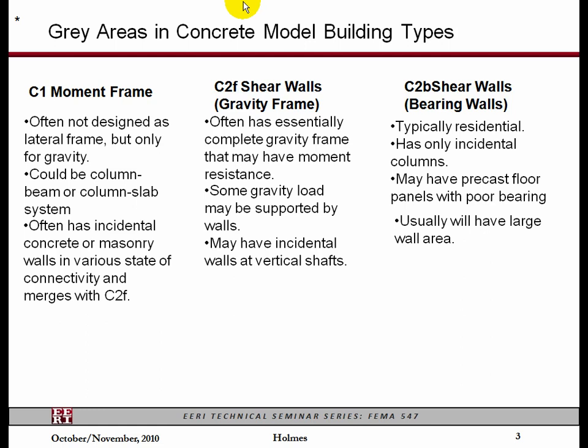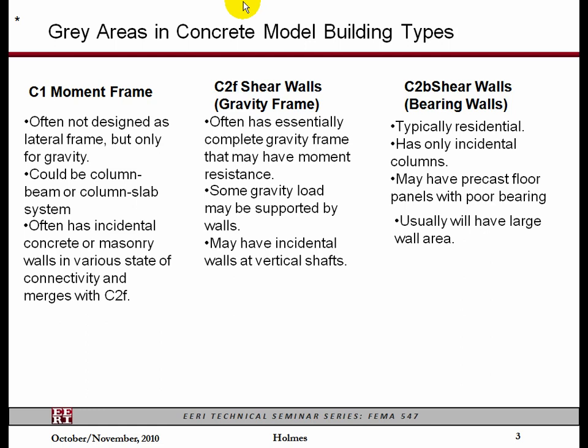The moment frame might have some incidental concrete or masonry walls in various states of connectivity. At some point, again, it merges with the gravity frame shear wall, because both of those buildings may just have incidental walls. So it depends upon really what is the predominant lateral force system that you want to deal with.